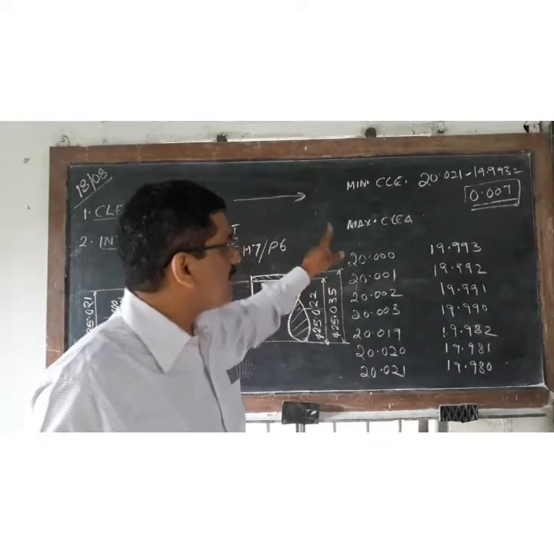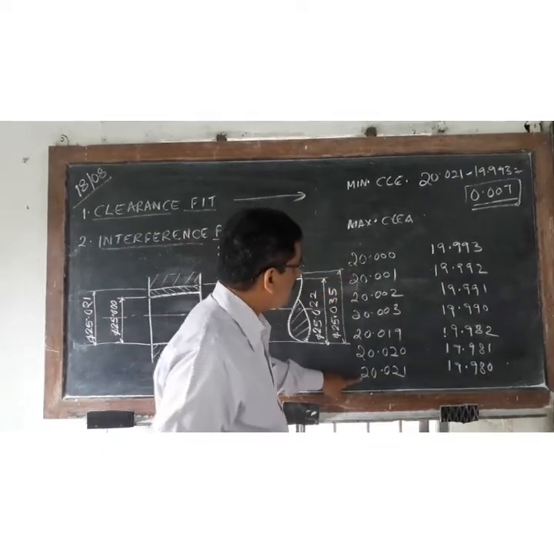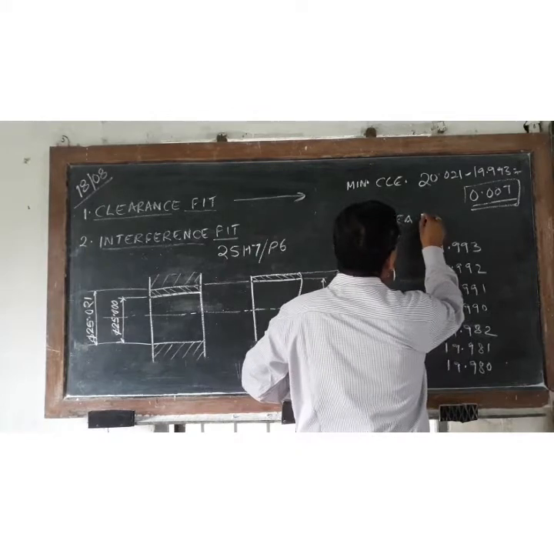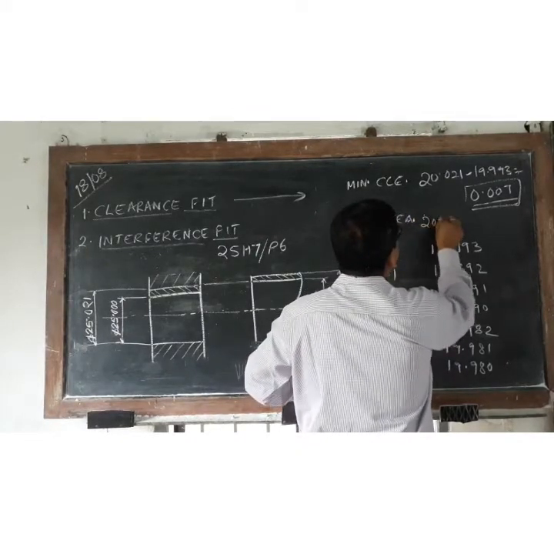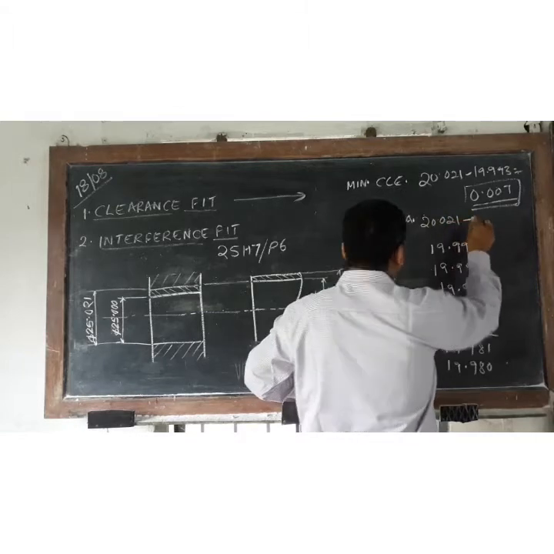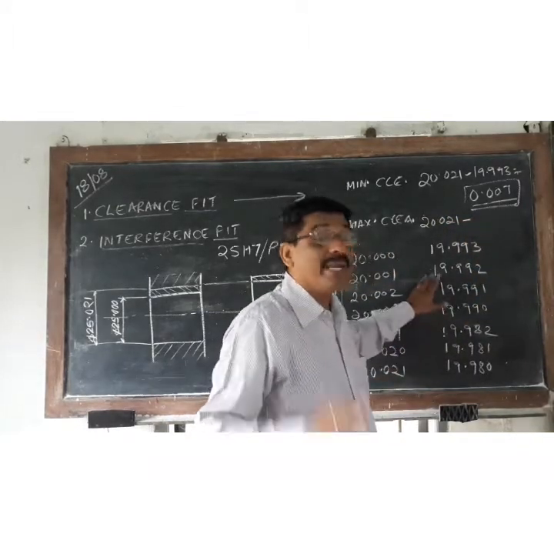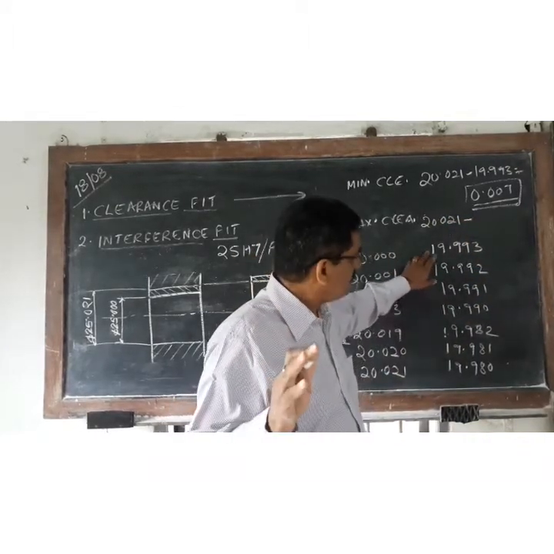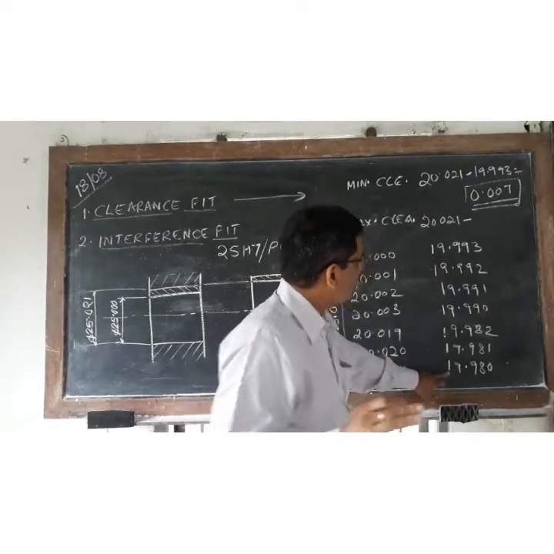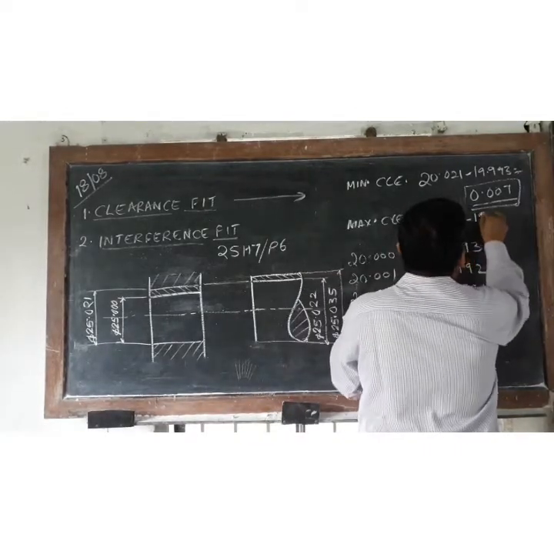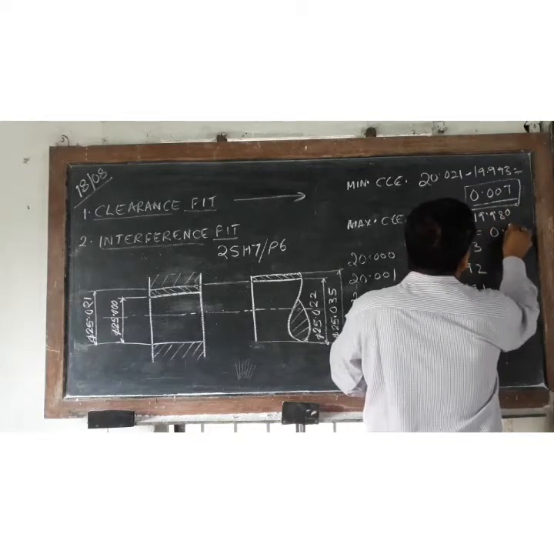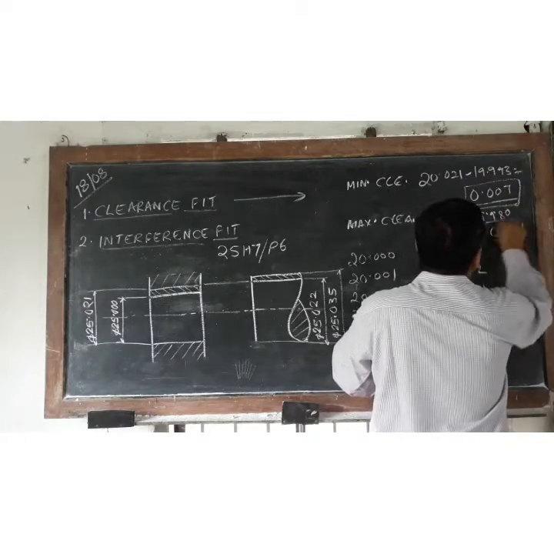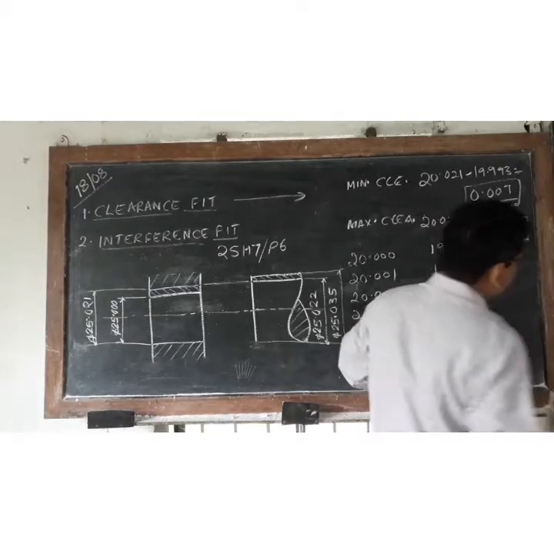Same thing here. Maximum clearance means the maximum of the hole, 20.021, minus the minimum of the shaft, which is 19.980. So we will get 0.041. 0.041 clearance we will get.